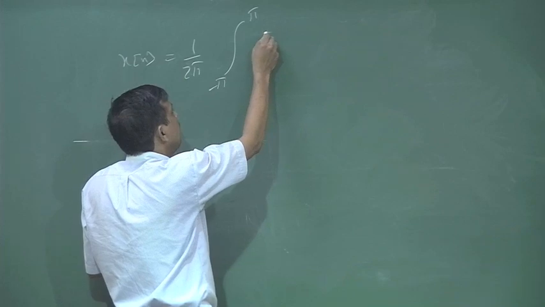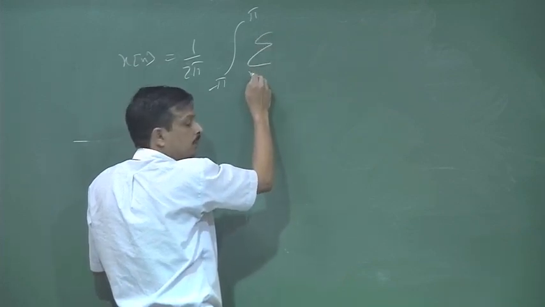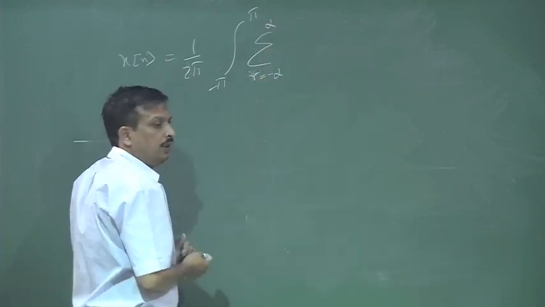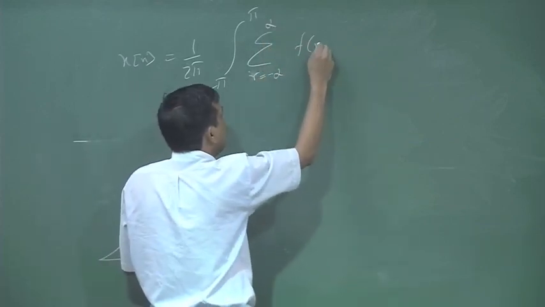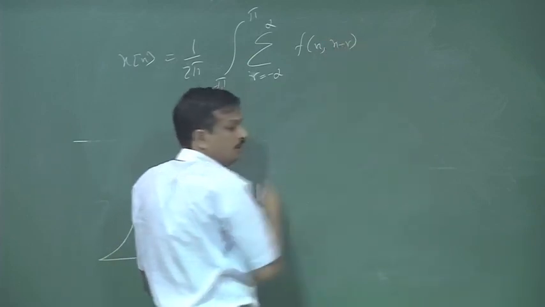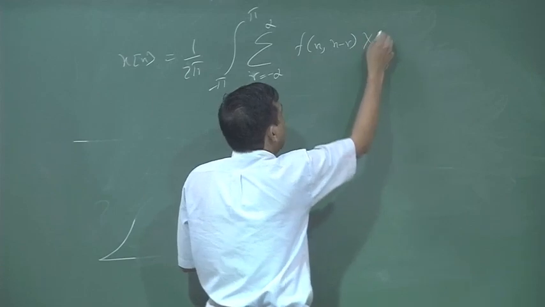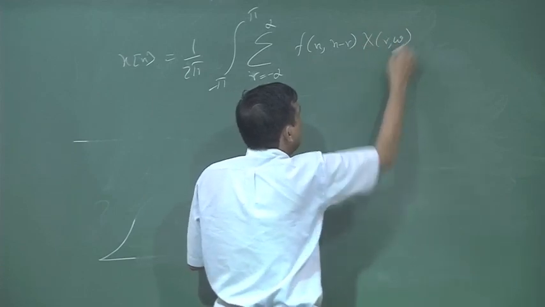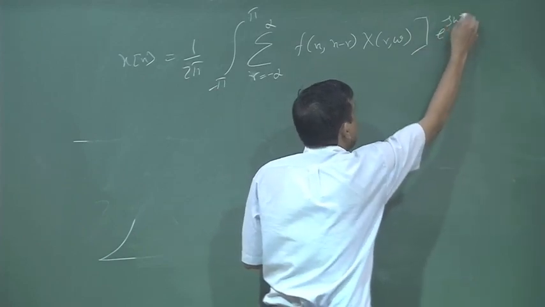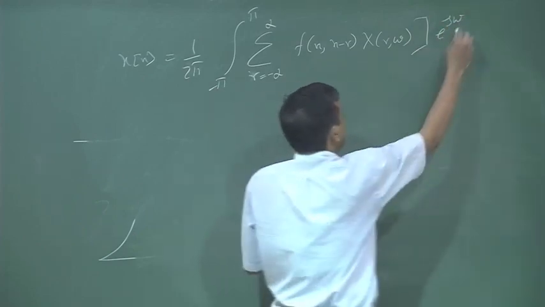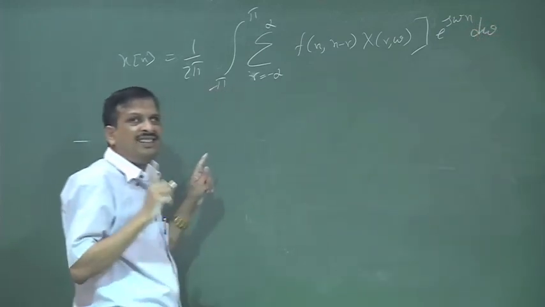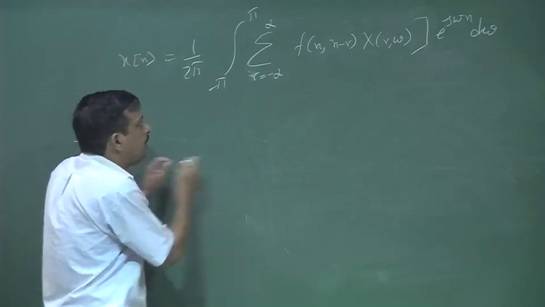So, I can say, summation over r equal to minus infinity to infinity, I define f of n minus r, X of r, omega, e to the power j omega n d omega, where r is the decimation in time, r is the shifting of the window.